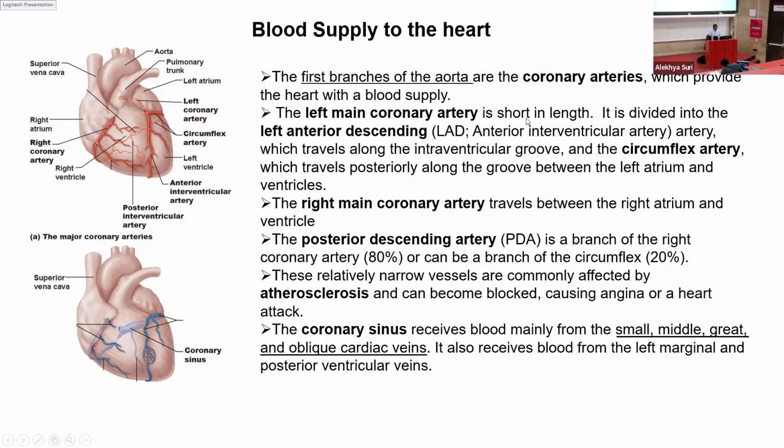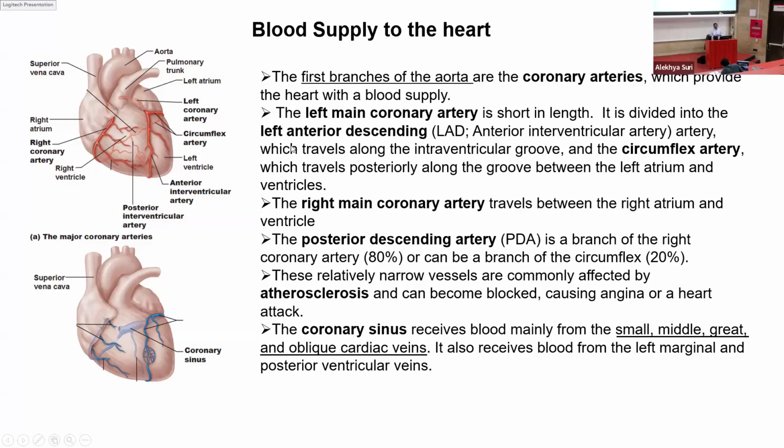And the left main coronary artery is very small in length, and then it immediately divides into the left anterior descending, called LAD, also called the anterior interventricular artery, which travels along the interventricular groove. And then the other branch is called the circumflex artery, which travels posteriorly along the groove between the left atrium and ventricle.